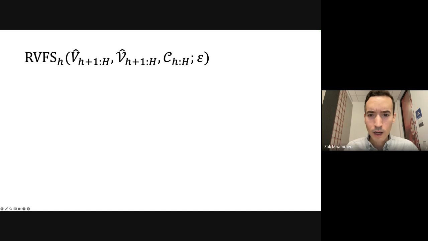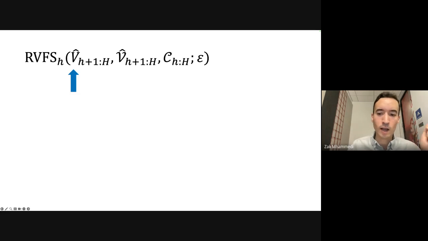All right. So RVFS makes recursive calls to itself. Let's just focus on a call at layer H. Disclaimer, I'm going to show you a very simplified version of the algorithm just to highlight the key ideas.